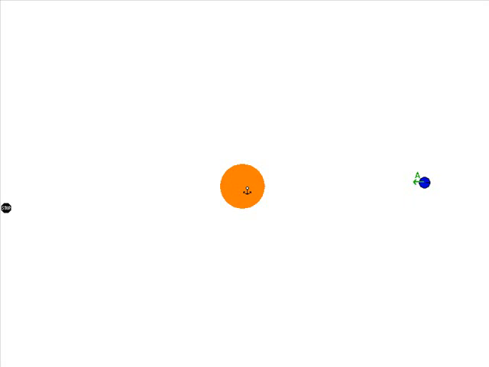Here again, I also can turn on or take the anchor away from the Sun, and the two attract each other. And I guess you don't see the Sun actually moving at all because it has such a large mass.